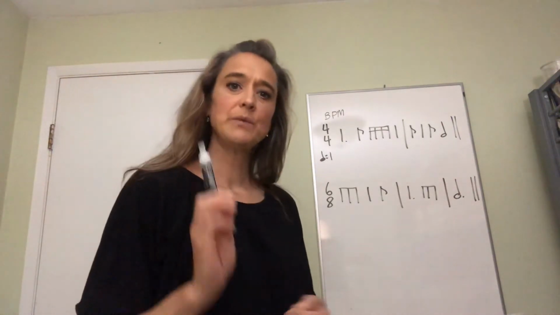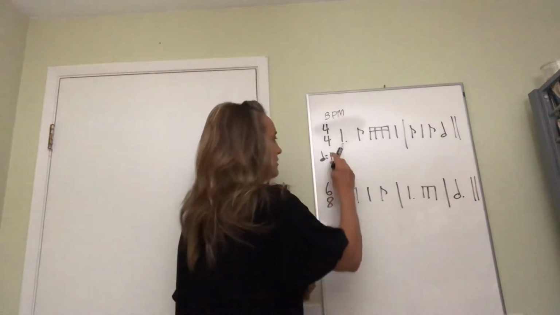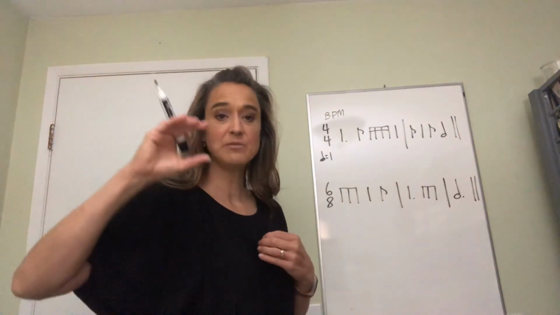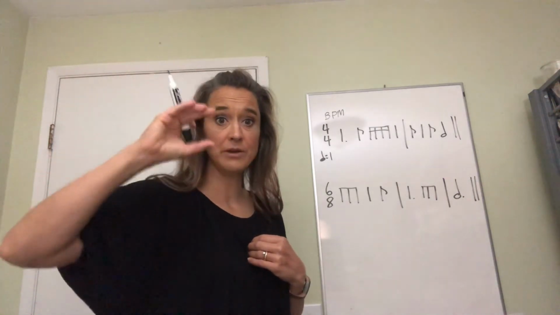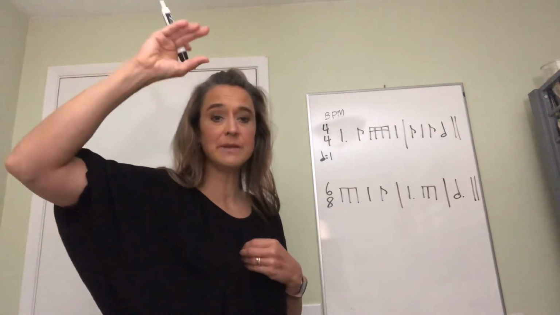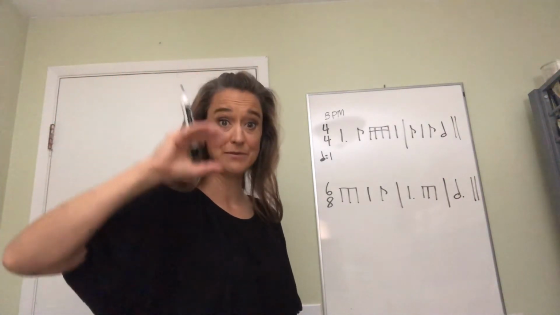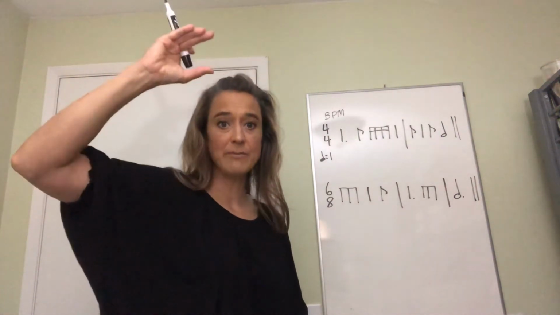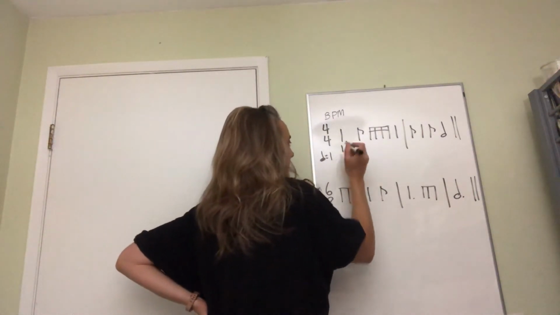Okay, so when we count 1.5 beats, we have to think about how we would split it up in smaller increments of equal value. And so 1.5 can be divided into 3 equal parts, which are each a half. So a half a beat, a half a beat, a half a beat. So let's start with 1.